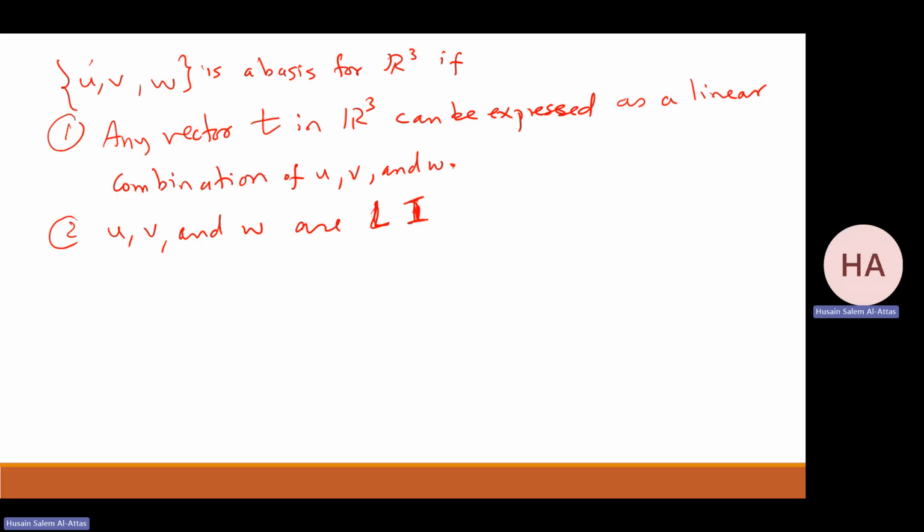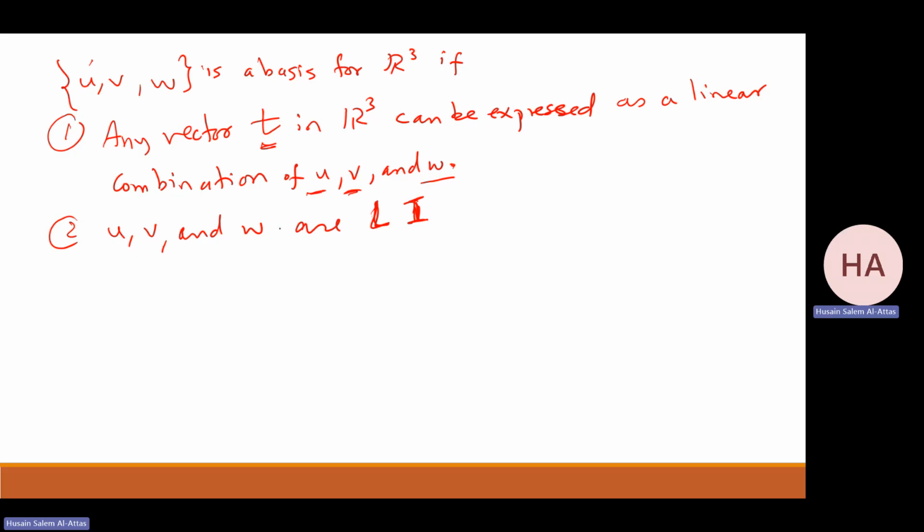So the main idea is that for R3 or for any vector space, I want to find vectors which can generate all the elements in that vector space. So any vector can be generated by these three vectors as a linear combination. And not only that, I don't want to see a repetition of these vectors.